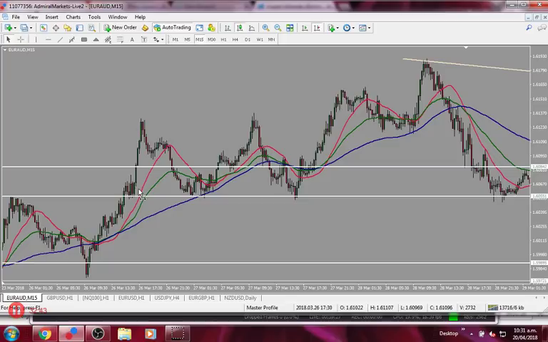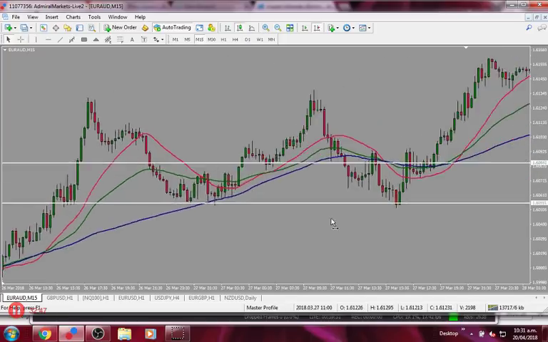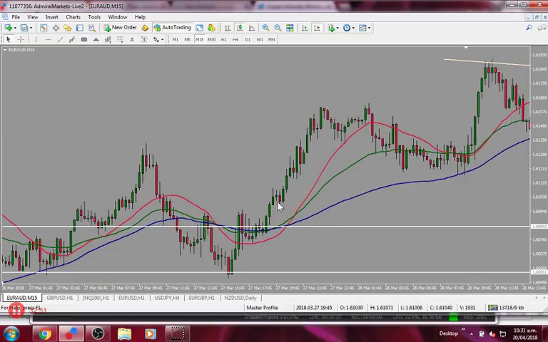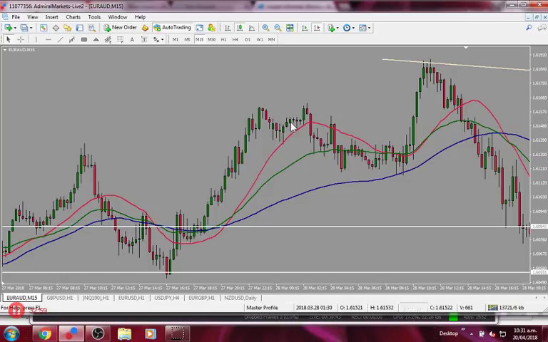Say maybe you took a trade somewhere here, and you're in this move, and so you can decide, okay, I'm going to take profits after price breaks and closes below that first moving average. That could be one.